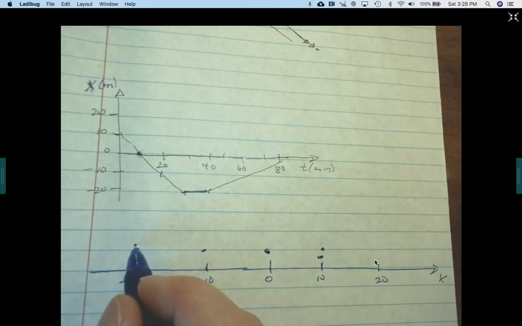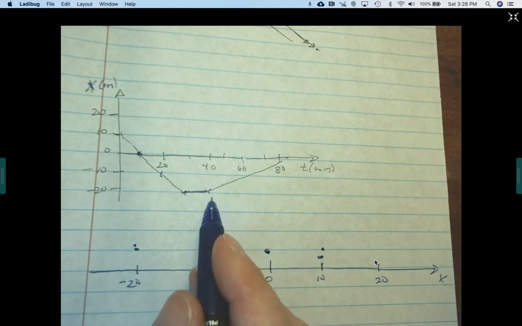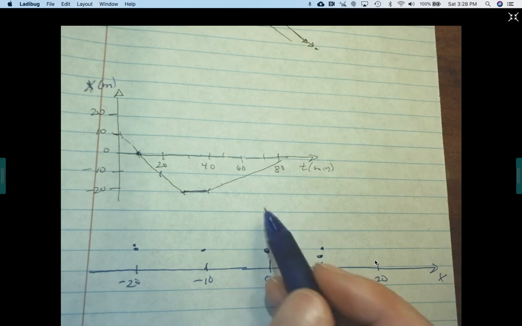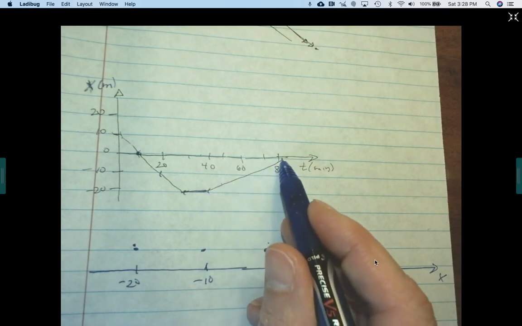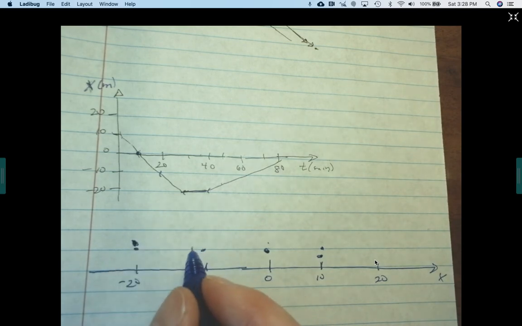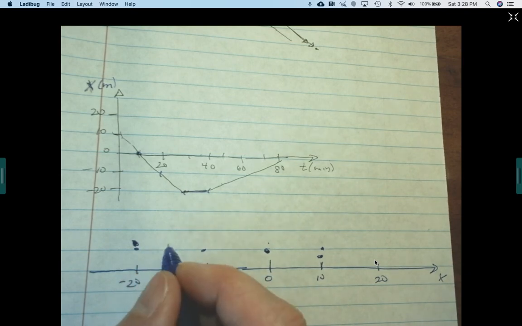Okay, so then we stop there, and now it's going back the other way, going back to 0, but taking a longer time. This is a flatter relationship. So when I go back to 0, I can draw a big dot there to indicate that it's going to stay there for a while. And when I go back to 0, it's going to take more time, so maybe I can make them like this.